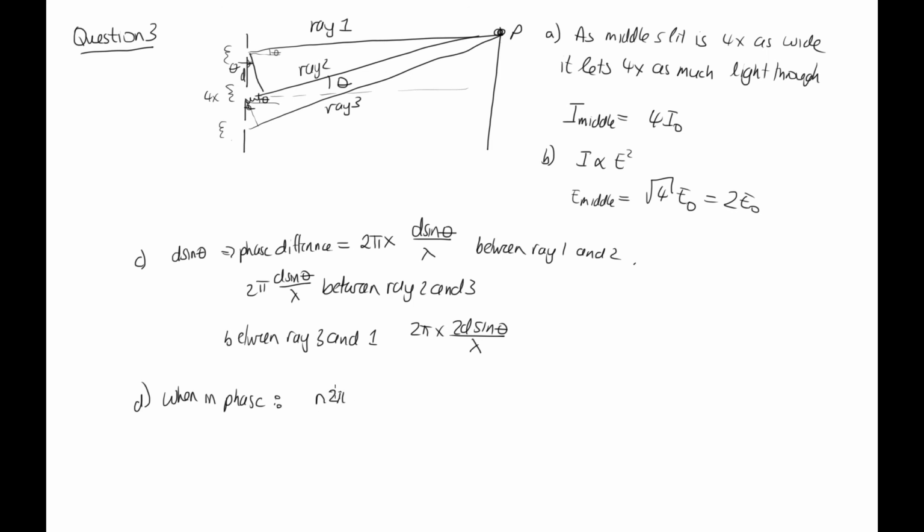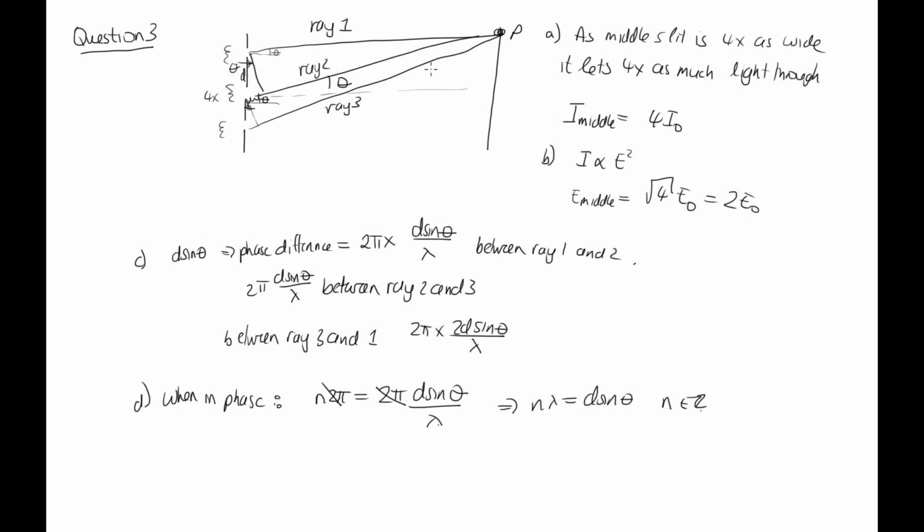So when we've got n times 2 pi is equal to 2 pi d sin theta over lambda. So these cancel out and we end up with n lambda is equal to d sin theta, where n is an integer. So we could write that this way if we want.